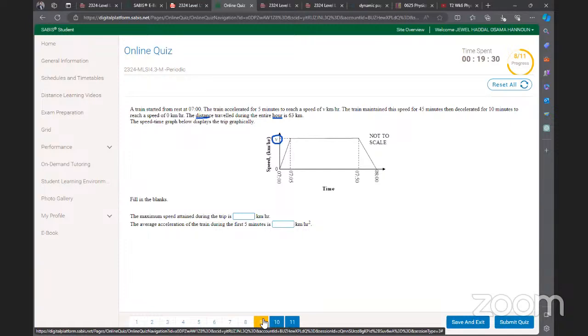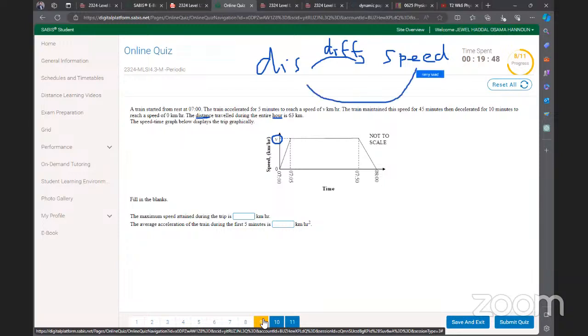When you do differentiation on displacement, it gives you the speed. So if we have the speed, how to get back the distance? You do something called integration, but it's not important to know it now. In order to get that, you have to get the area of this shape and make it equal to the distance itself, which will be 63 kilometers.